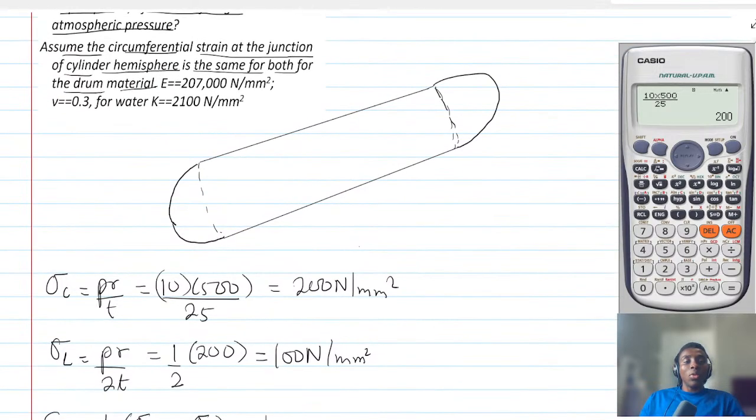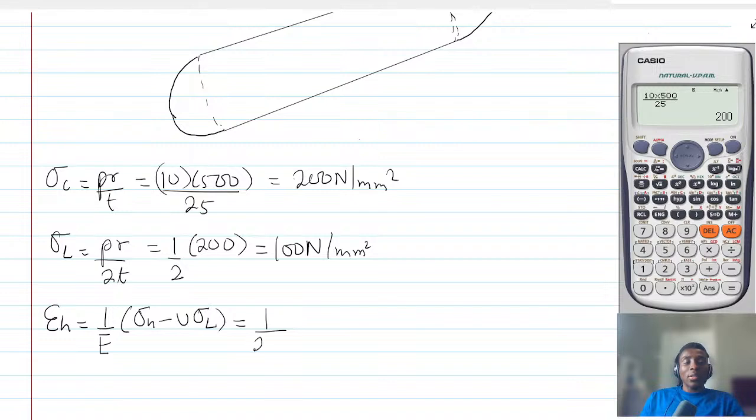So it's going to be 1 over E. Let's make everything in terms of E, so the hoop stress, or the circumferential stress, is 200 minus Poisson ratio, which was given as 0.3, multiplied by 100.